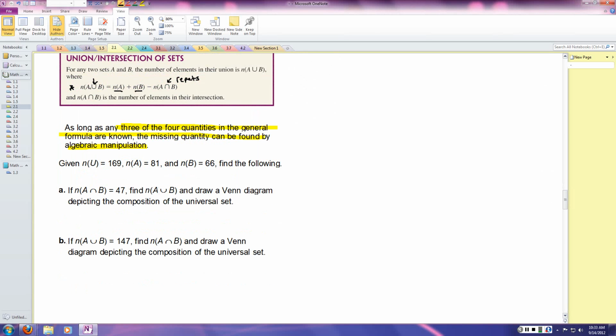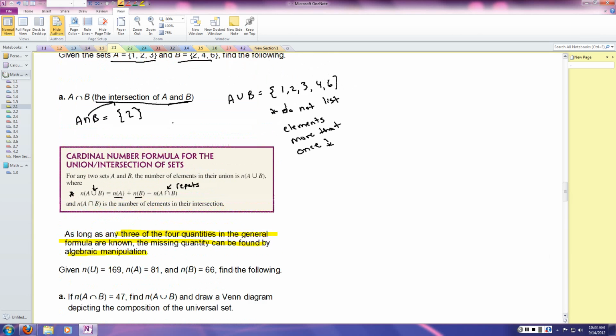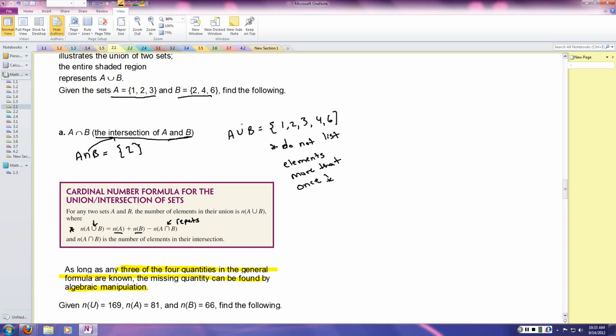So here, if I'm finding the number of elements in the union, so how many elements are shared with A and B, I take the number of elements in A plus the number of elements in B, and I subtract out the repeats. So these are the union, so all the elements in A plus all the elements in B minus the repeat. So if you notice up here in this example, looking for the union, the number of elements in A is 3. The number of elements in B would be 3.